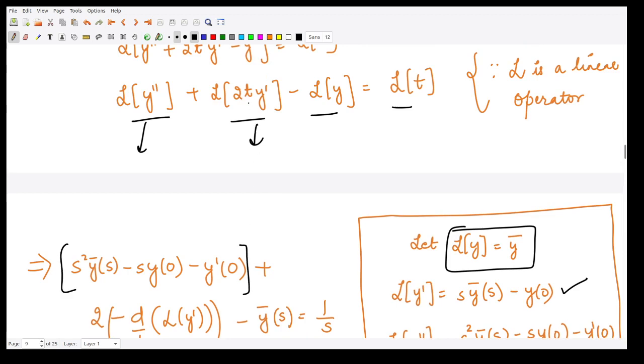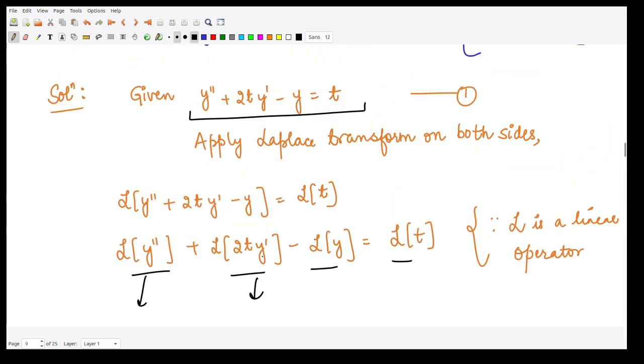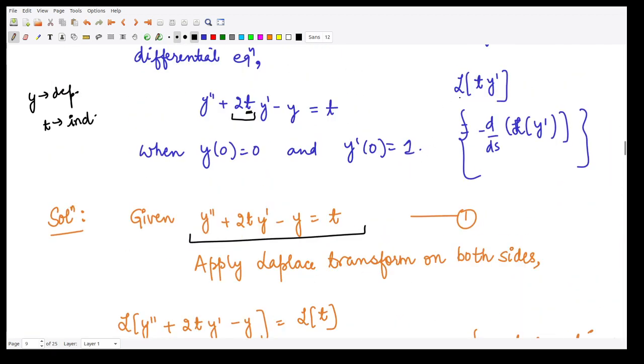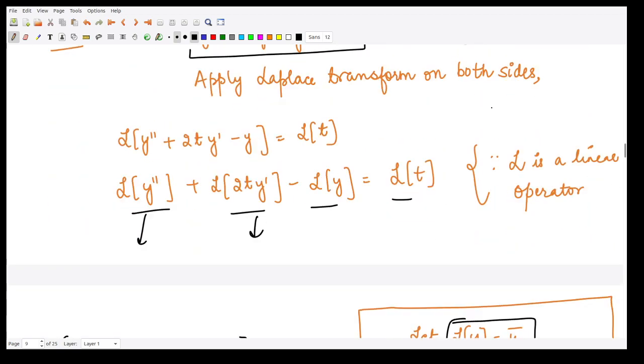Now here we have to apply the formula for multiplication with t. You know the Laplace transform of t times y dash is equal to minus d/ds of the Laplace transform of y dash. So whatever this Laplace transform is, you differentiate it with respect to s. That is what multiplication by t tells you.